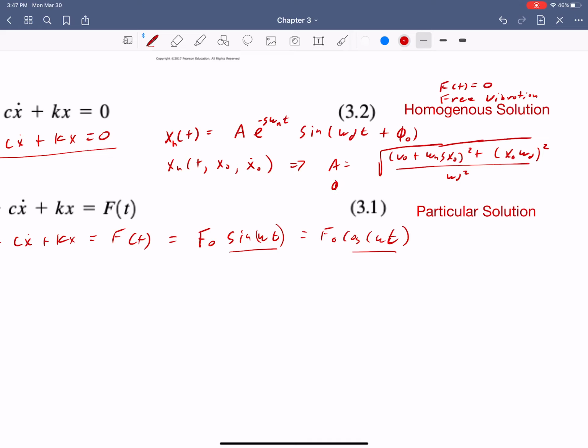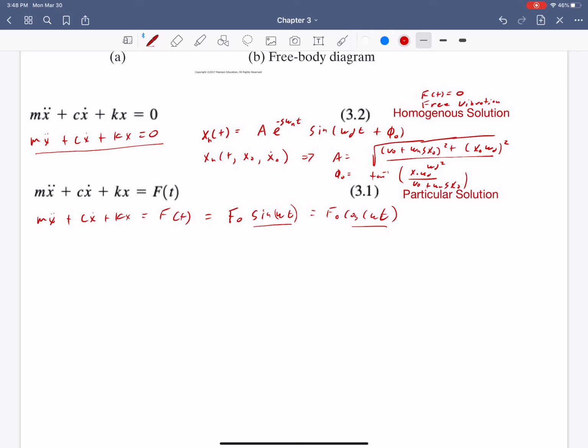And then, of course, phi naught is equal to tan inverse of x naught omega d over v naught plus omega n zeta x naught. A reason I wrote that out is to emphasize that this homogeneous solution, once again, is the free vibration solution, so it depends upon the initial conditions.